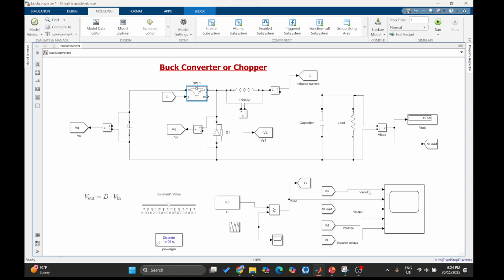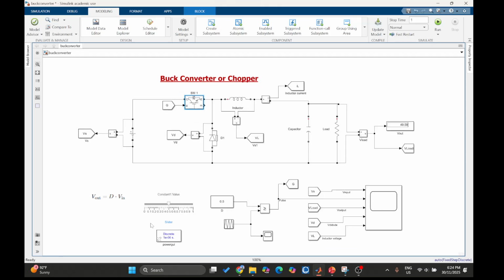Now, if I have 100 volt of input and my duty cycle is 0.5, 100 times 0.5 will be around 50 volt.